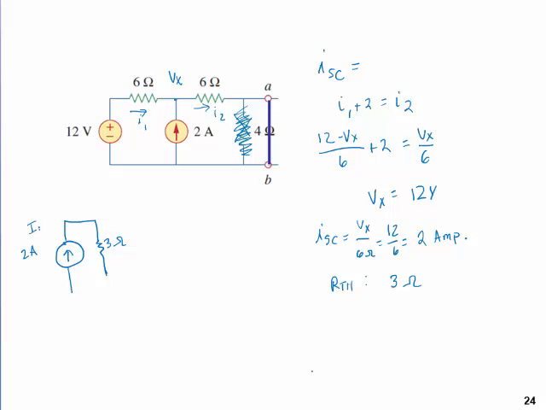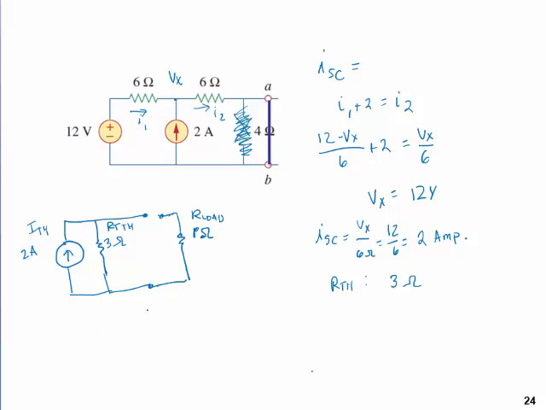This is I Thevenin, this is R Thevenin, and we have terminals A and B, and then when we're ready, we attach our 1 ohm load resistance right there, which is our load.